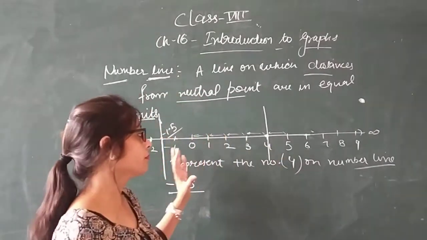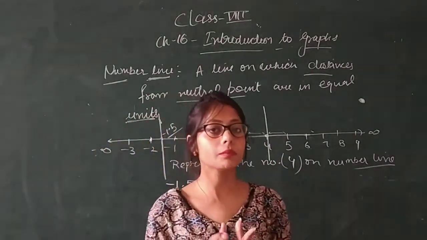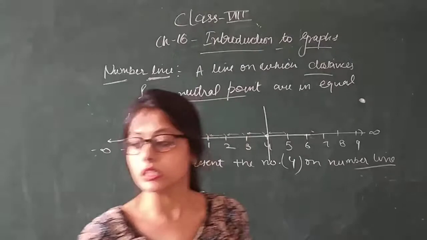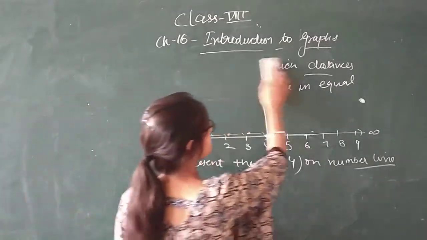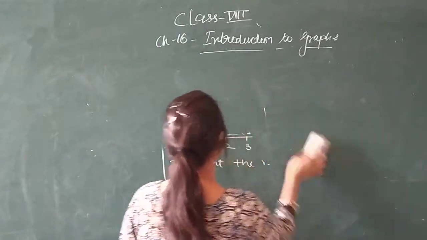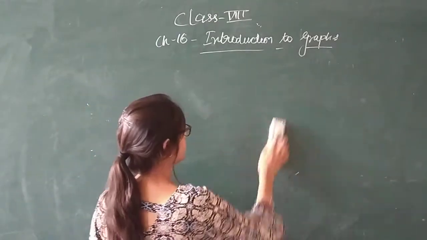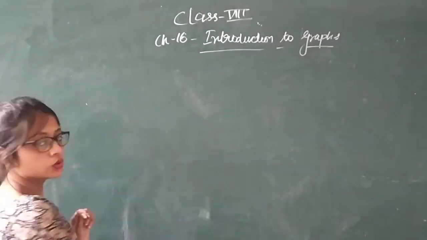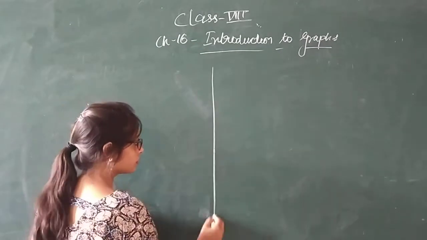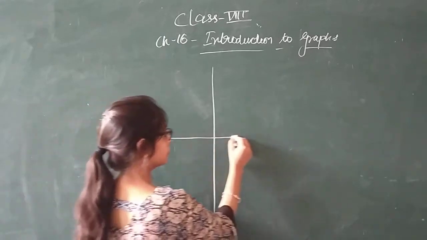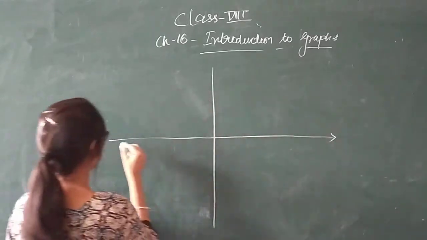The two number lines must be perpendicular to each other. So I am now taking two number lines that are perpendicular to each other.